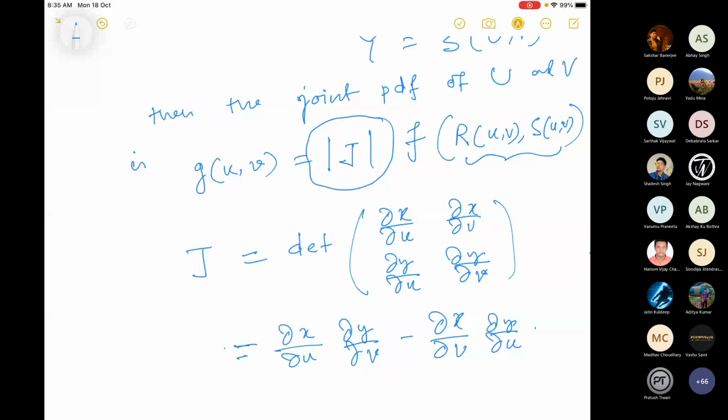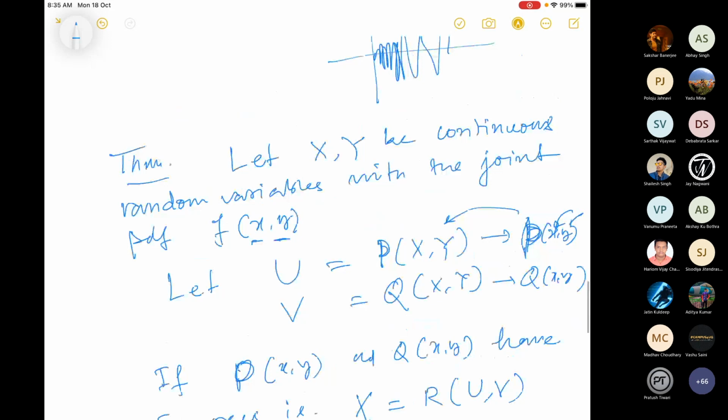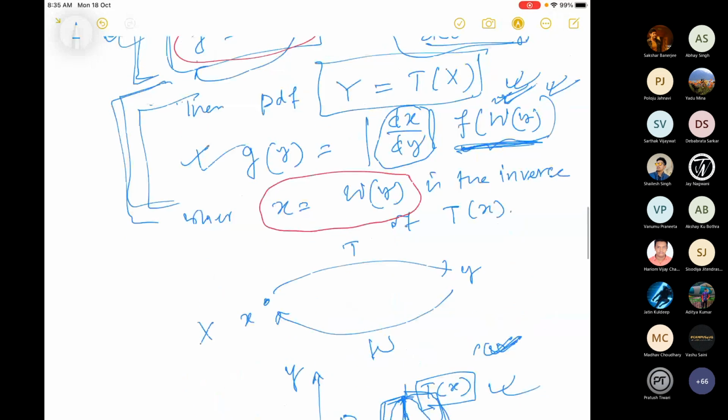So the proof is exactly similar to the one variable case. Here you just have to remember that it is just an extension of this formula. Even if you remember just this formula, then you can find out what its generalization for a two parameter function should be. The derivative dx/dy will be replaced by the Jacobian, and since there are two arguments for f, it is a joint PDF.